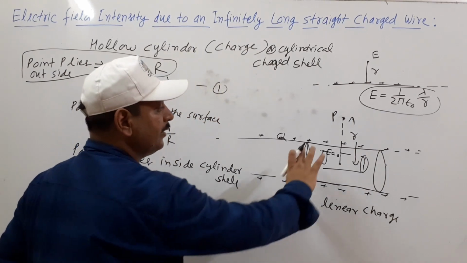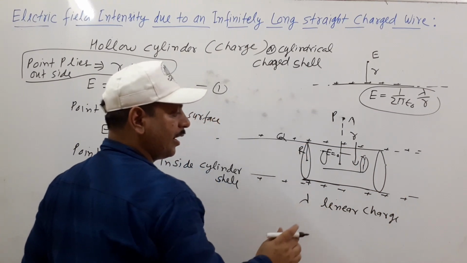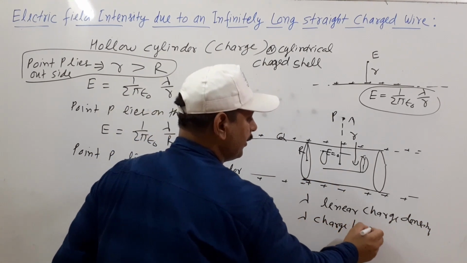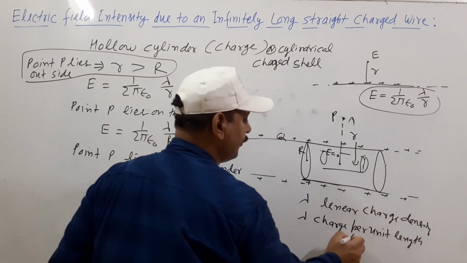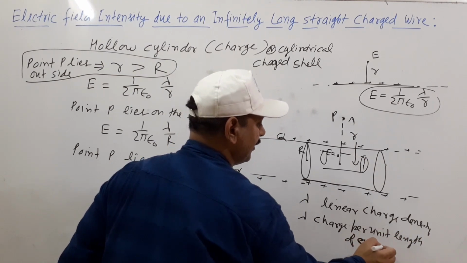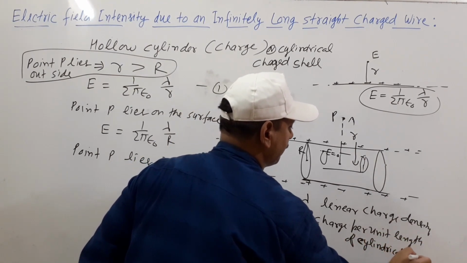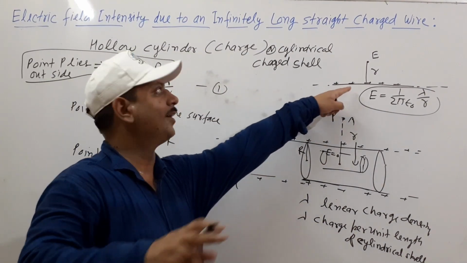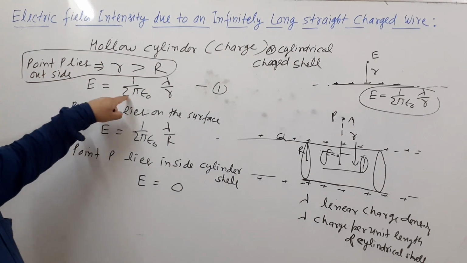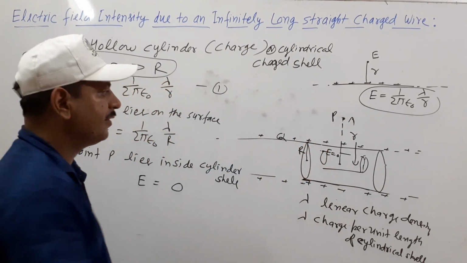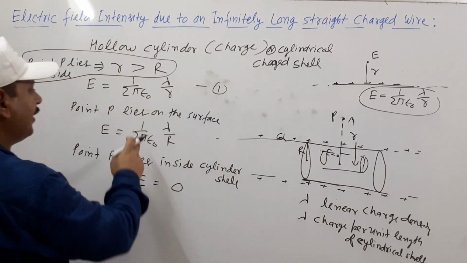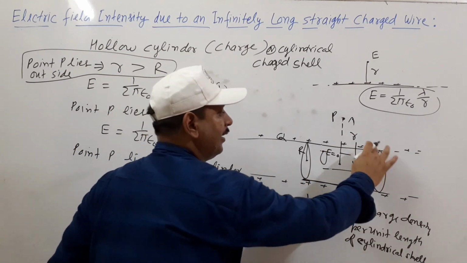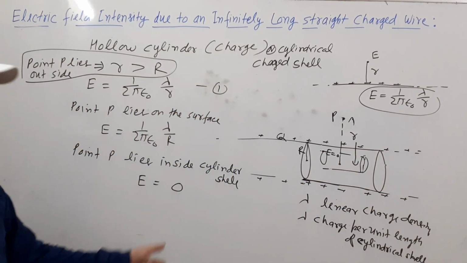Lambda is linear charge density, meaning charge per unit length of the cylinder. Remember, if point P lies outside, the same formula, it will behave like a long straight charged thin wire, 1 upon 2 pi epsilon naught lambda upon R. Just on the surface, R is the radius of the cylinder, E is equal to 1 upon 2 pi epsilon naught lambda upon R. But if point P lies inside, here this is a cylindrical cell, at that time the electric field is equal to 0.